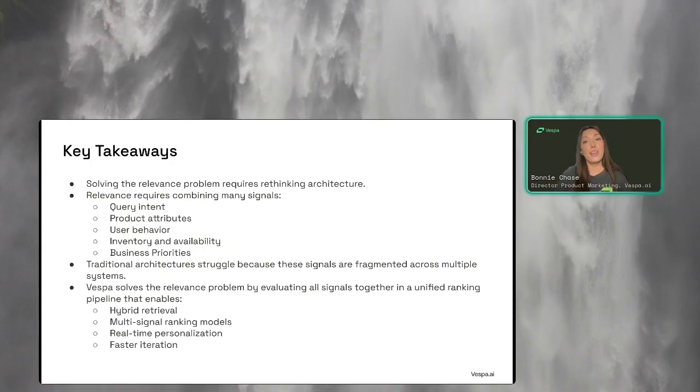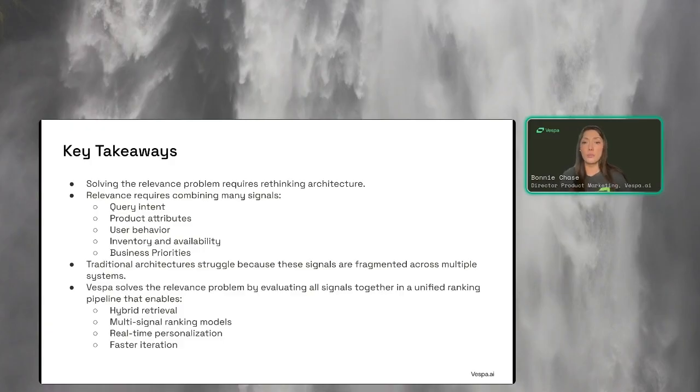And what we've shown today is a different approach. Instead of stitching multiple systems together, Vespa evaluates signals together inside a unified ranking pipeline. That means keyword relevance, vector similarity, behavioral signals, business logic, and machine learning models can all be evaluated in the same place and in real time.